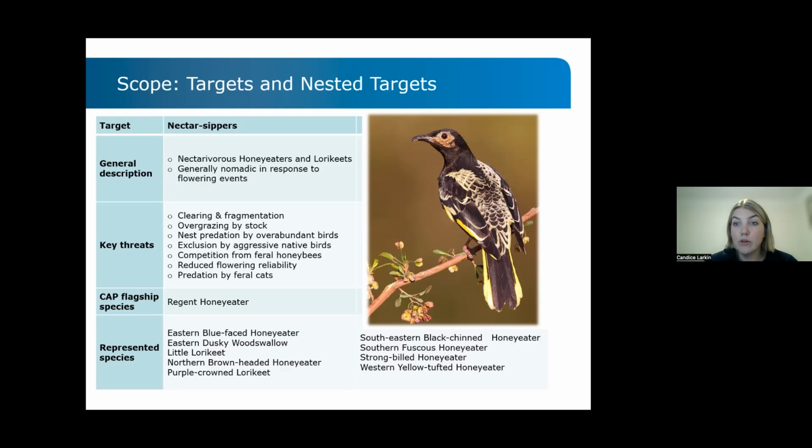And with reduced habitat is reduced flowering reliability, particularly in the drought. We saw up in northern New South Wales, there was not a lot of flowering going on for several years. So these birds were really struggling in that time. And that's why it's important, if you can, to leave the mistletoe in the trees, because that's another flowering resource that these birds can access. But that's a conversation we can get to later.